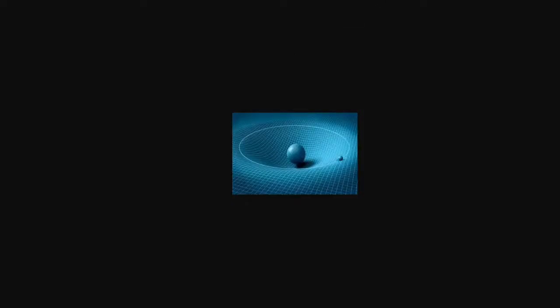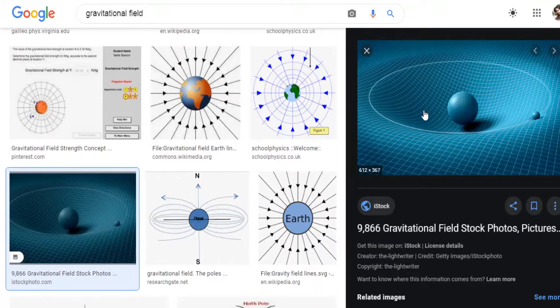Just imagine this. Here is a massive body, say a planet, something like the sun, and here is another planet, say like the earth. Because of the mass of this massive body, it tries to attract another object because of gravitational force.